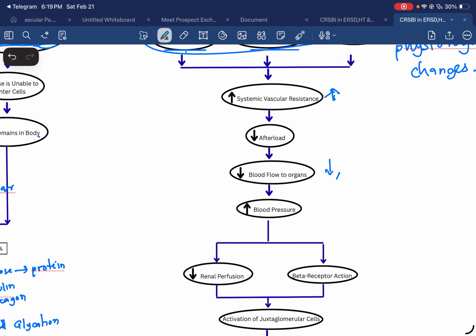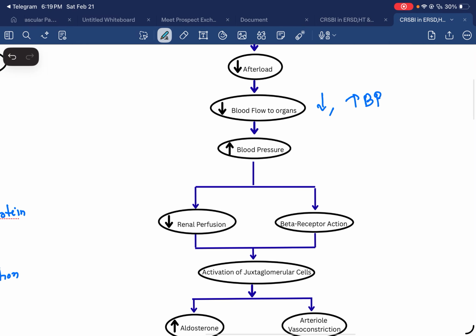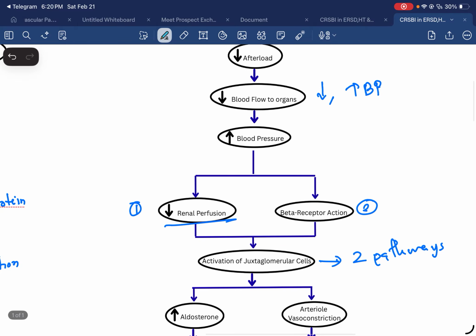When there is blood flow, there is increase in blood pressure, and this blood pressure is responsible for activation of JG cells in two pathways. Number one is it reduces the renal perfusion, and number two is there is activation of beta receptor action.